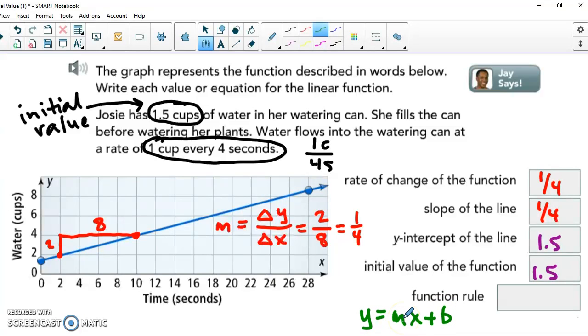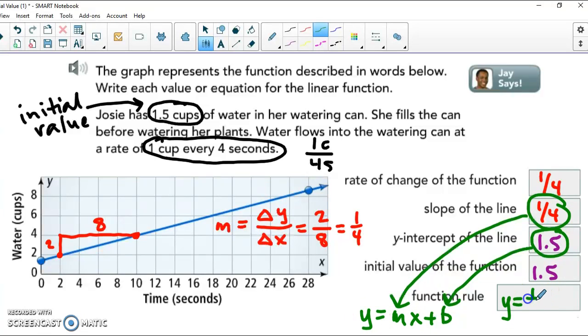M is my slope, or my rate of change, and b is my y-intercept, or my initial value. So when I write this equation, I'm going to say y equals, I'm going to replace m with 1/4, and I'm going to replace b with 1.5, and it's positive, so I can put plus 1.5. That's what those components look like in the rule from a word problem and in the graph. That's how they all relate together.